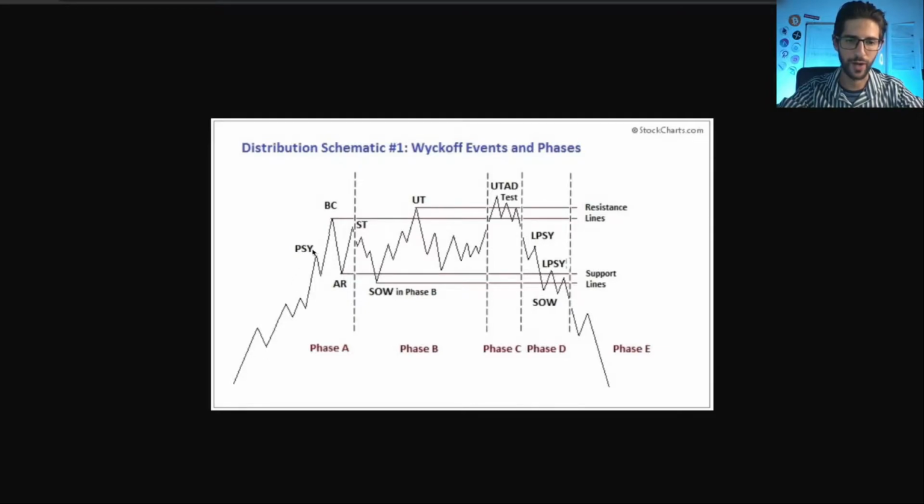So you came from an uptrend, you create your first high. This is the buying climax top high here in phase A. In phase B, you create a new high, you get then the third high, and from there you start creating lower highs and lower lows. And that will give you the phase E, where you get your reverse trend.